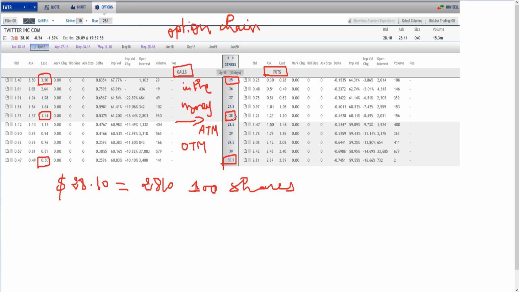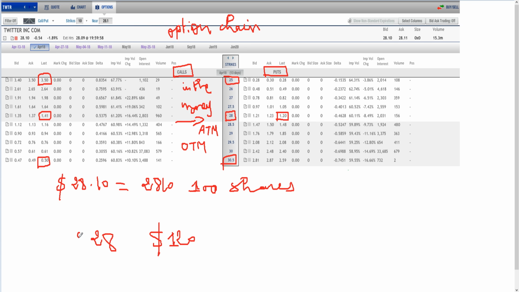You will be, for example, if you take the 28 strike, you will be paying, let's say, $120, okay? $120, this is at the money. If you think that from $28, this strike is $28.